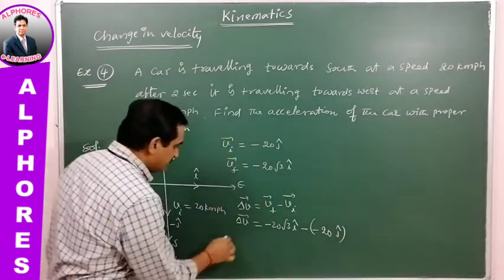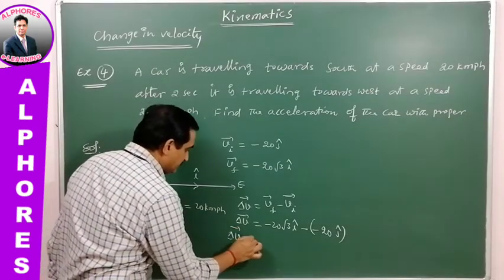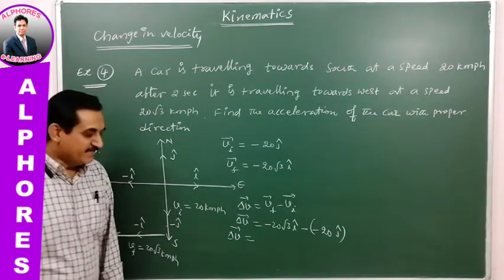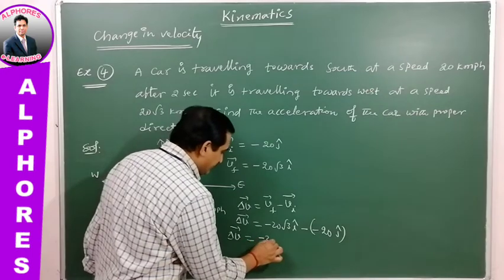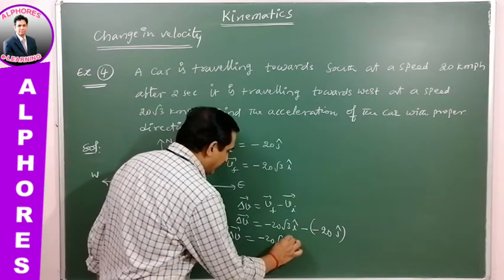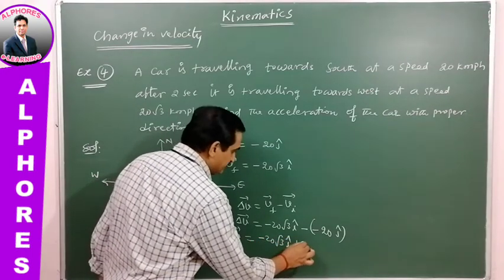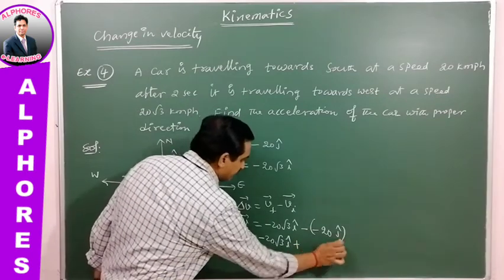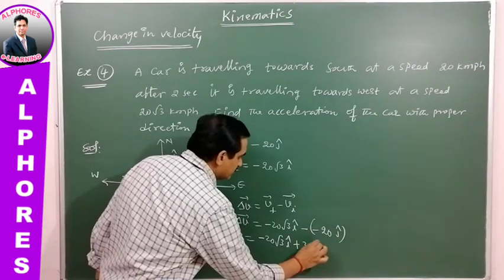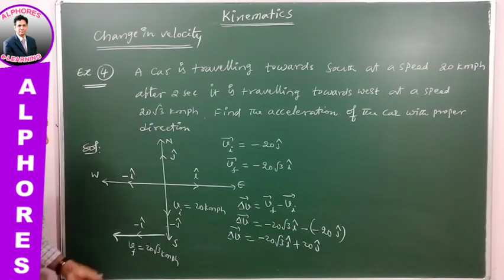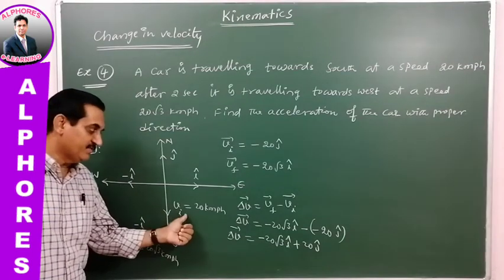By simplifying, change in velocity is minus 20√3 i cap plus 20 j cap. Once again, final velocity minus initial velocity.